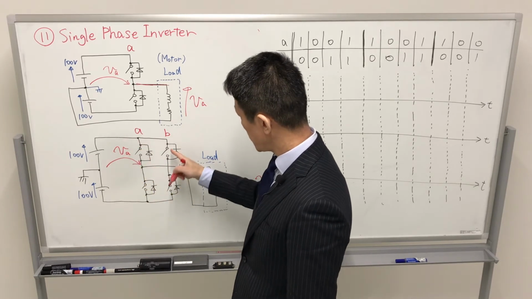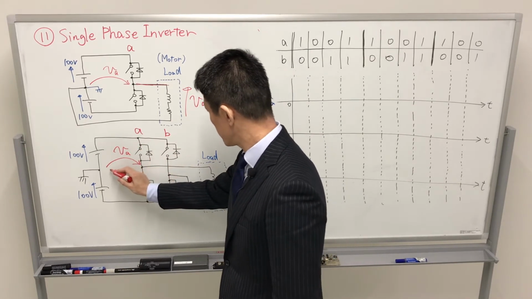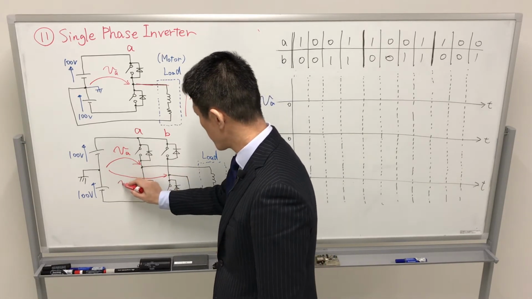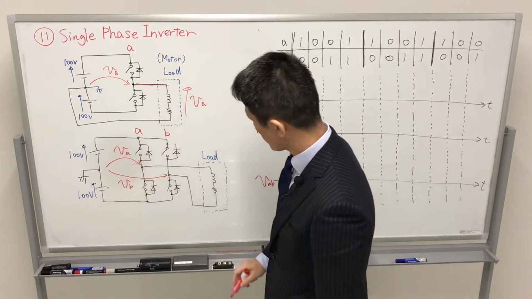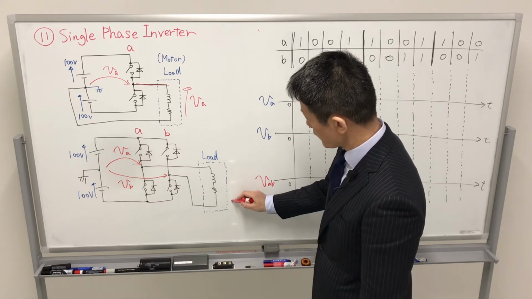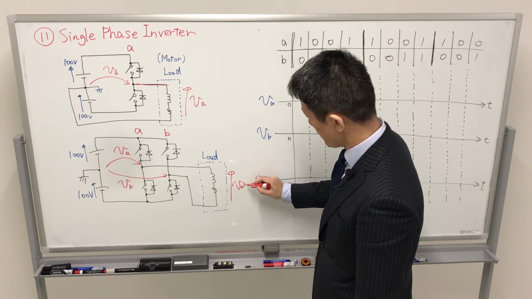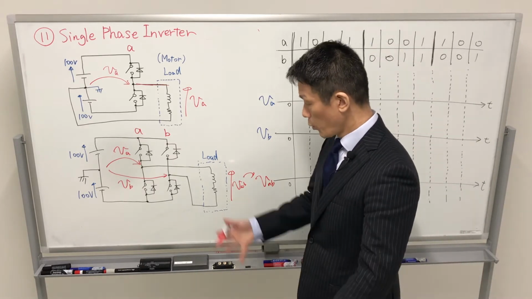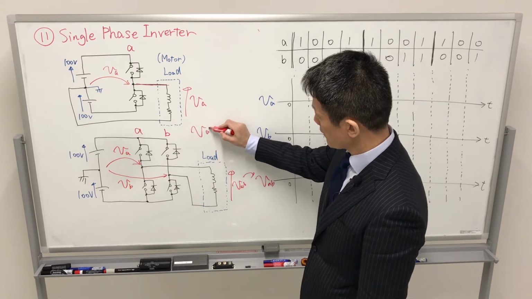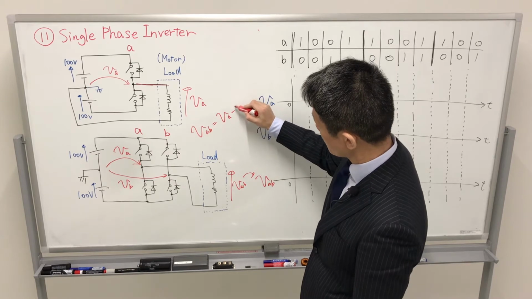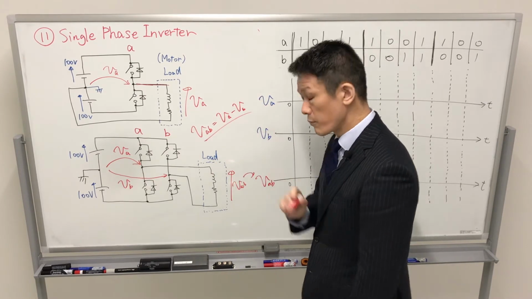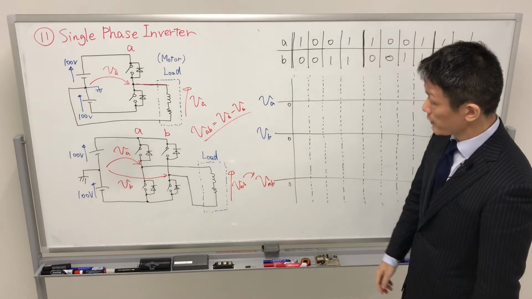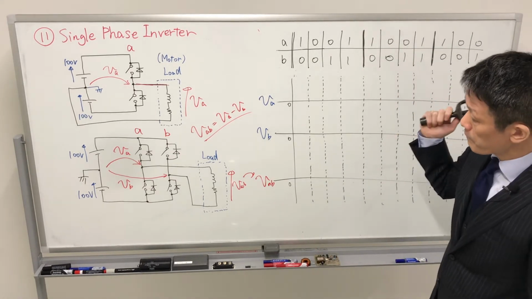And from the ground line to this terminal voltage, that means the VB. VAB means the vector VA minus VB. Of course, you can use this one. Okay, very easy.